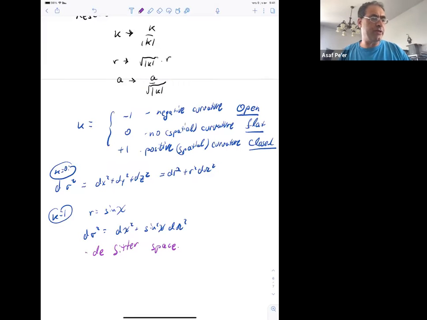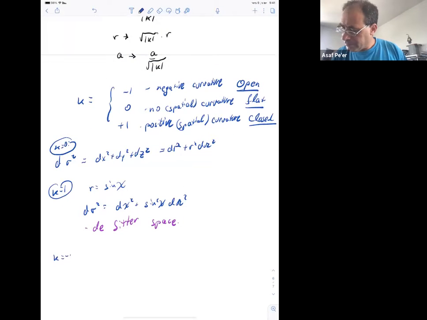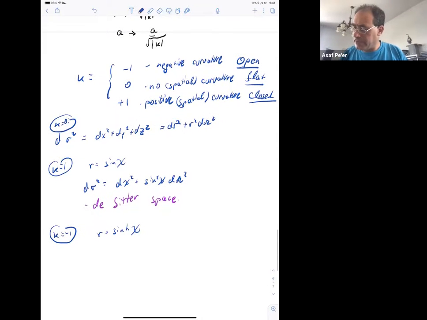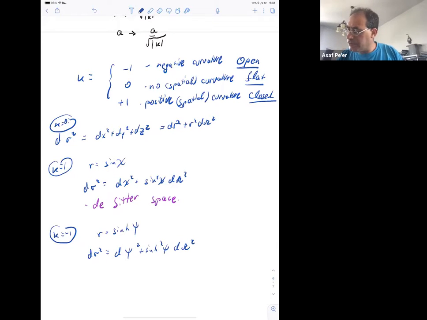And the last option that we have is that k is equal to -1. Again, we can make a change of coordinates, write down r is equal to sinh of psi, and we end up with d sigma squared equal to d psi squared plus sinh squared of psi d omega squared.